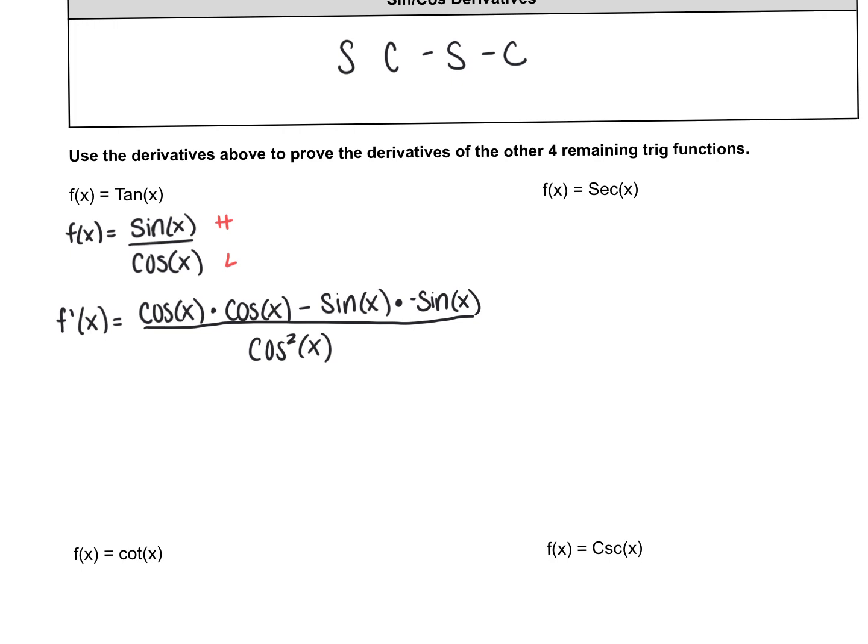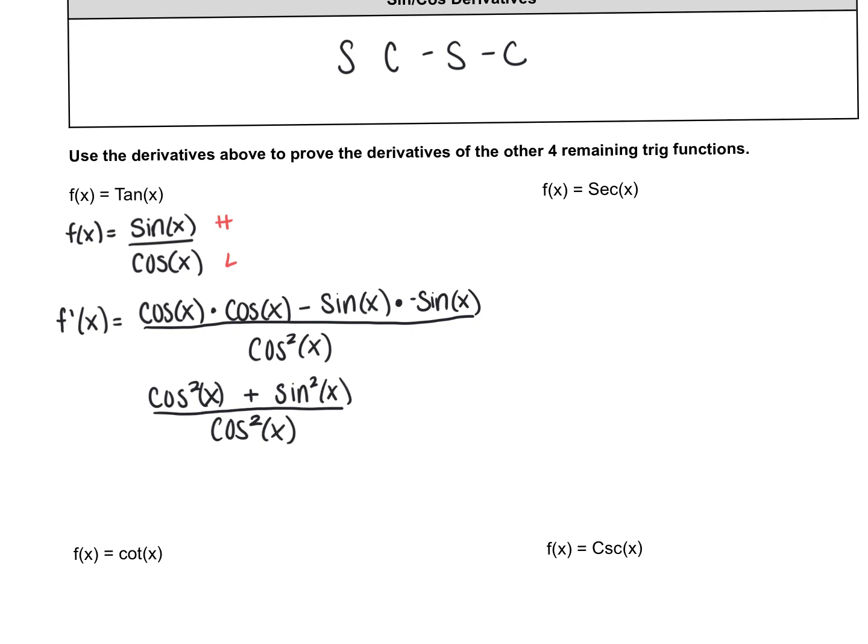So the first thing, cos times cos right here, is simply cos squared. And we have sine times sine, negative times a negative. So a negative times a negative is a positive, so we can make that plus. And sine times sine is sine squared. And this is all over cosine squared.